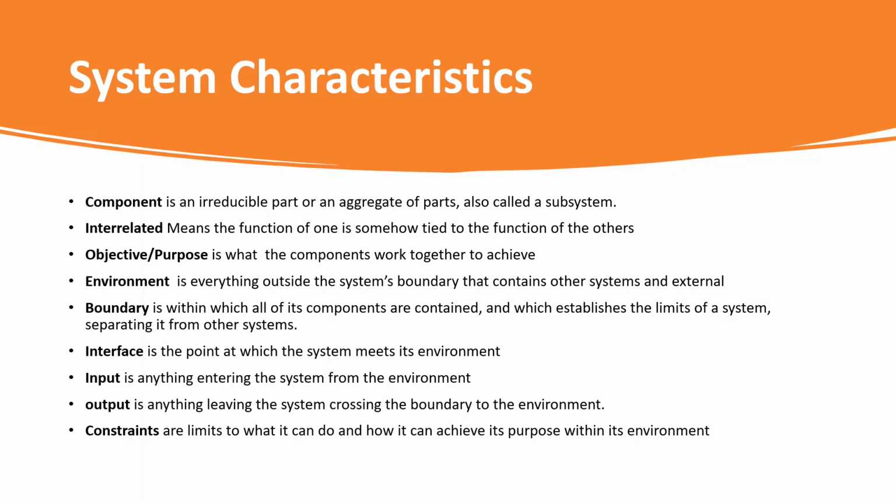Input is anything that is entering the system from the environment. The output is anything that is leaving the system, crossing the boundary, going to the environment. And lastly, constraints are the limits on what a system can do and how it can achieve its purpose within its environment. Every system has certain constraints.